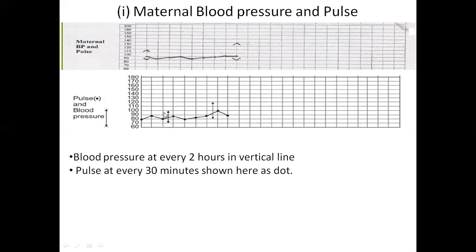Means 100 is the systolic blood pressure and 70 is the diastolic blood pressure. And after that, 120 is the systolic blood pressure and 80 is the normal diastolic. So with vertical lines we are showing blood pressure, and by dots we are showing the pulse rate like this.